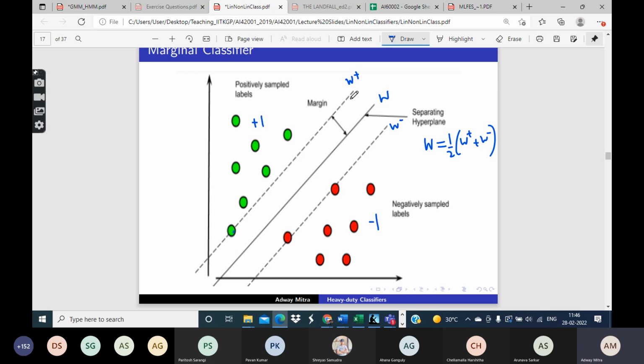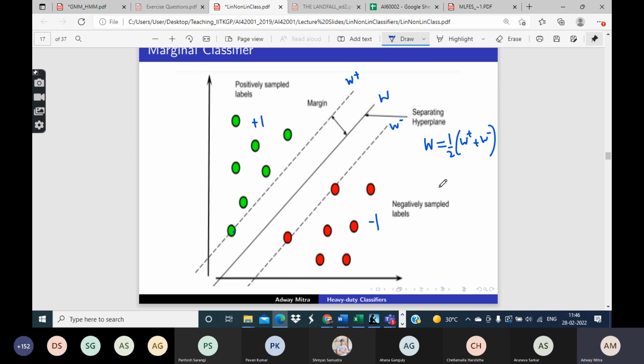W plus is able to classify all the points correctly. W minus also is able to classify all points correctly, except that in case of W plus there is one green point sitting right on it, and in case of W minus there is another red point sitting right on it. So regarding these points, we will have to say that there is a tie.